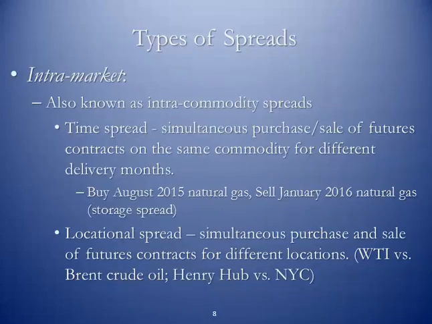The other type of spread is intra-market, and this is also known as an intra-commodity spread. The idea here is we are using the same commodity, but we're trading things like time or location. So a time spread is the simultaneous purchase and sale of futures contracts on the same commodity for different delivery months.